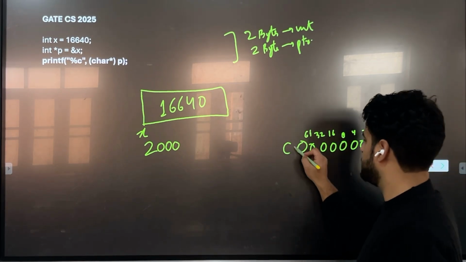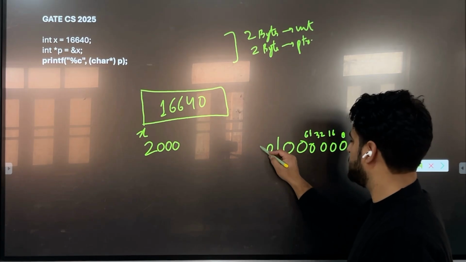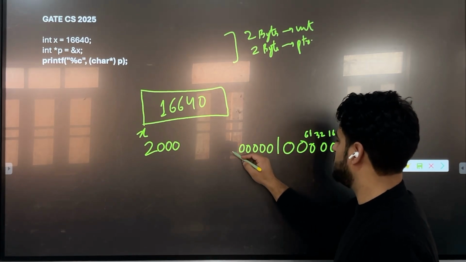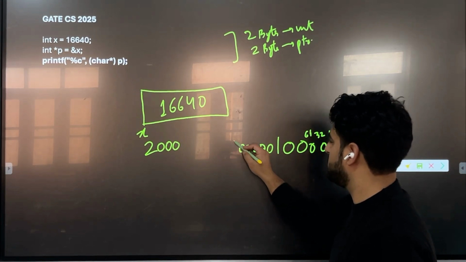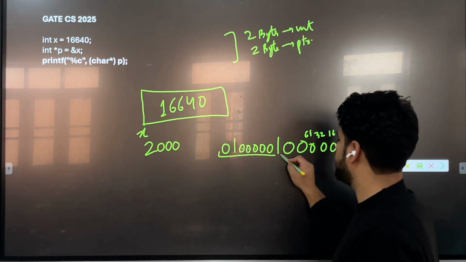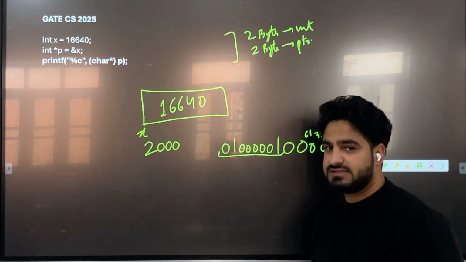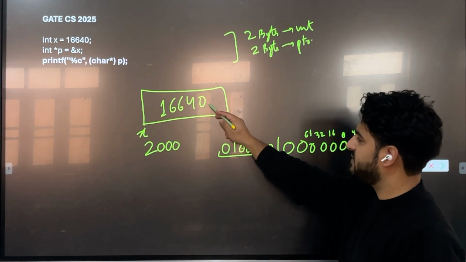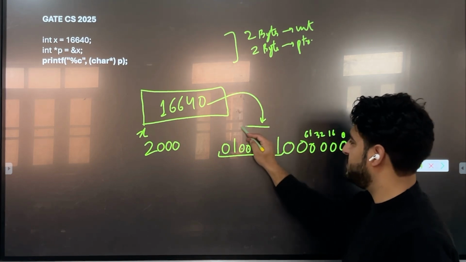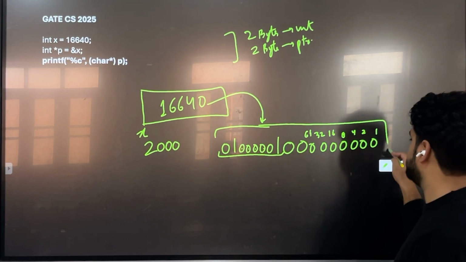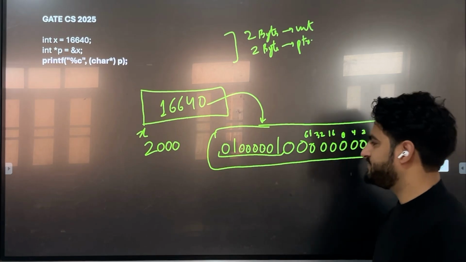It was given that it takes 2 bytes, so I have converted this 16640 into a 2-byte representation in binary.